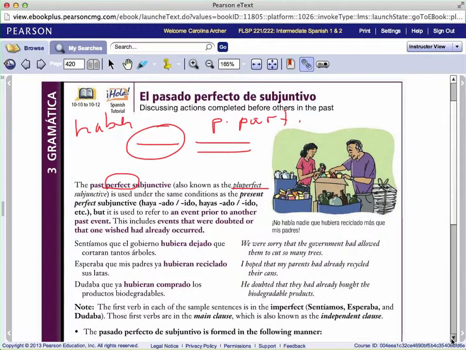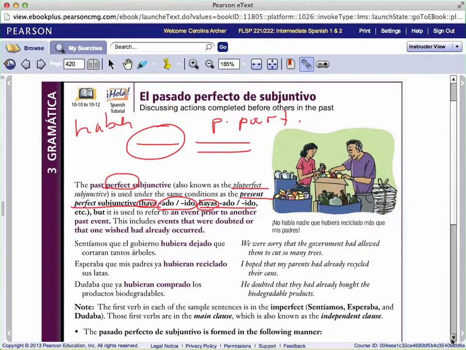Okay, muy bien. So the past perfect subjunctive is used under the same conditions as the present perfect. Okay, remember the present perfect is haya and hado and ido, or hayas. So haya, etc. But it is used to refer to an event in the past prior to another event in the past.